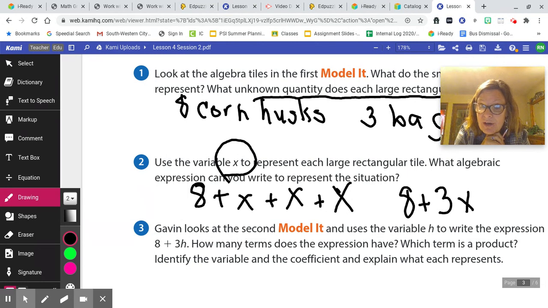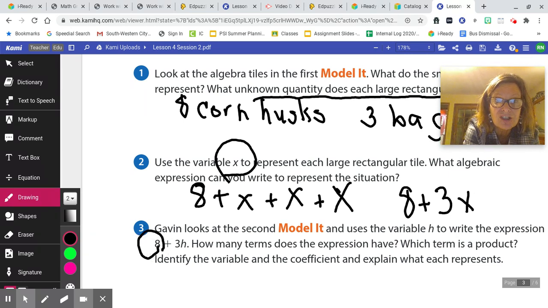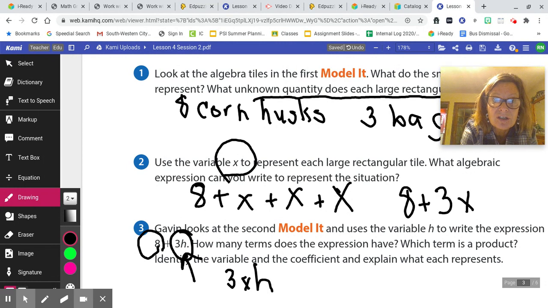How many terms are there, and which term is a product? Okay, you should have said that there are 2 terms. We've got this separated by the addition sign. There's 2 terms. And the term that's a product is 3h, because 3h means 3 times h.